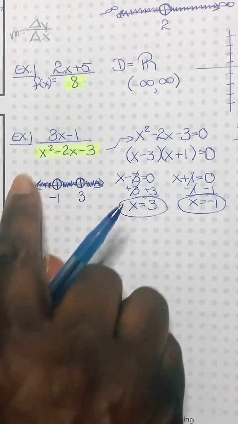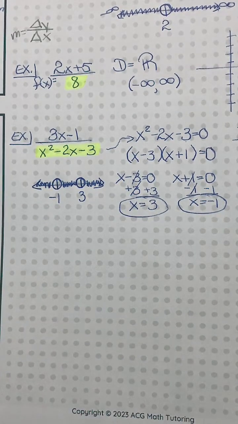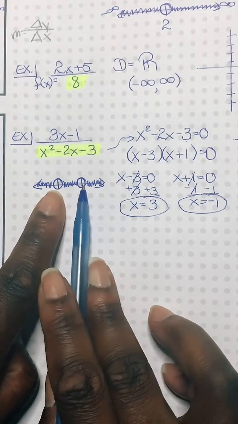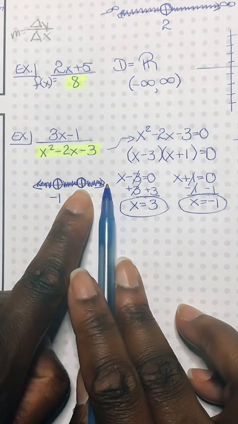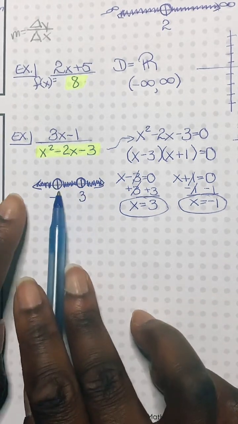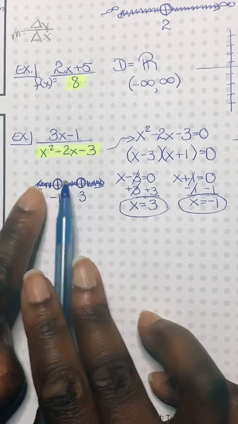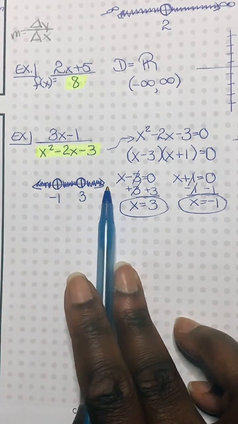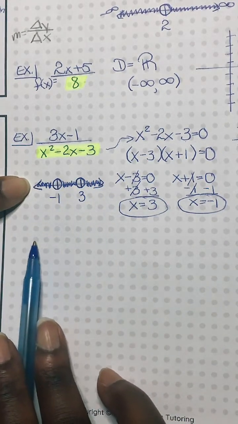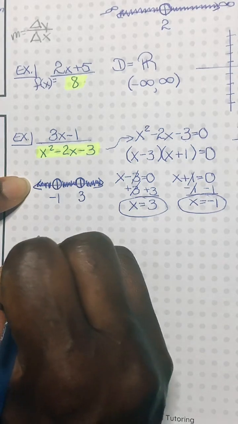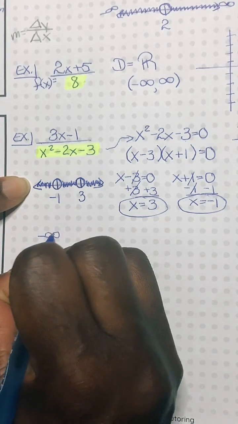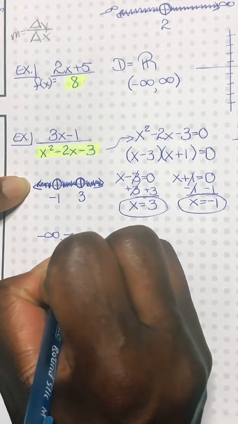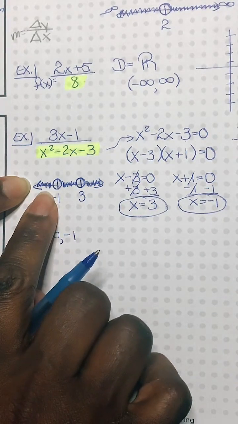So how do I put this in interval notation? I'm going to break it up into 1, 2, 3 sections. The first section deals with -infinity, because that's my lowest number, to -1.